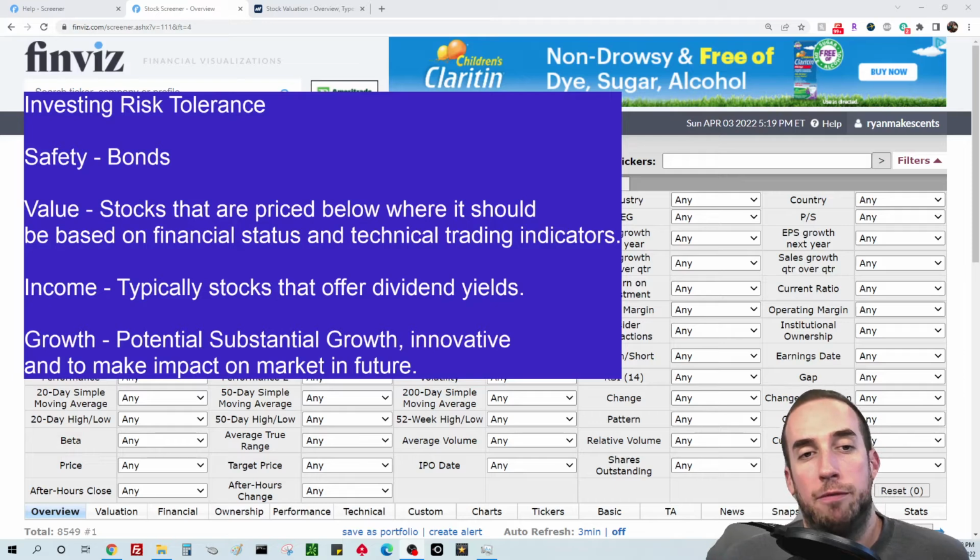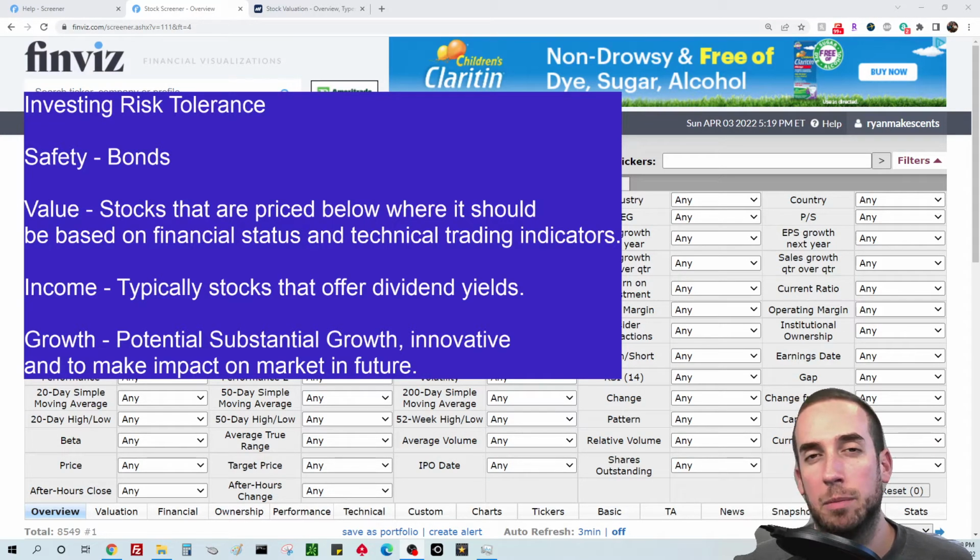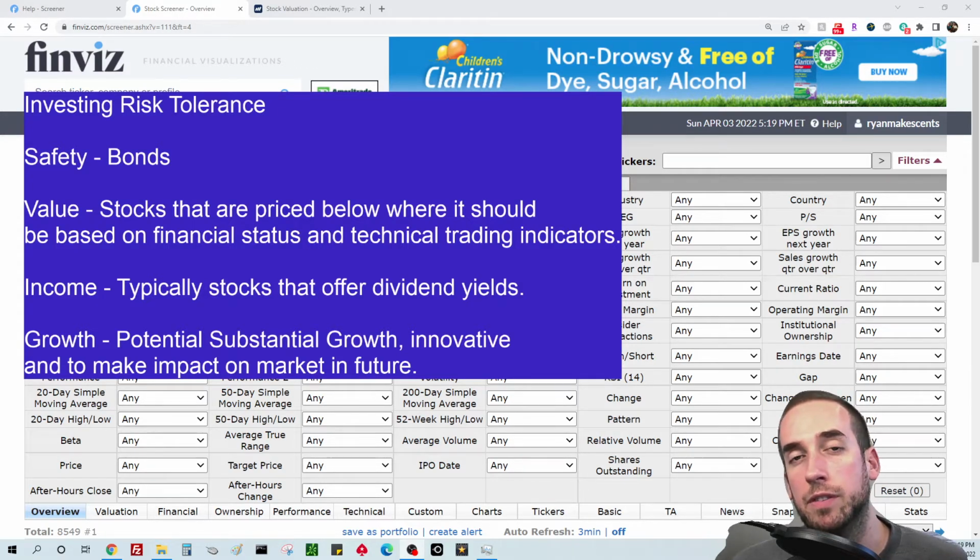So there are four main areas that people identify themselves as in terms of which area that they are. People who are 18 are going to identify more with the growth area. They have the time to invest in companies that can make a mark in the future or down the road.